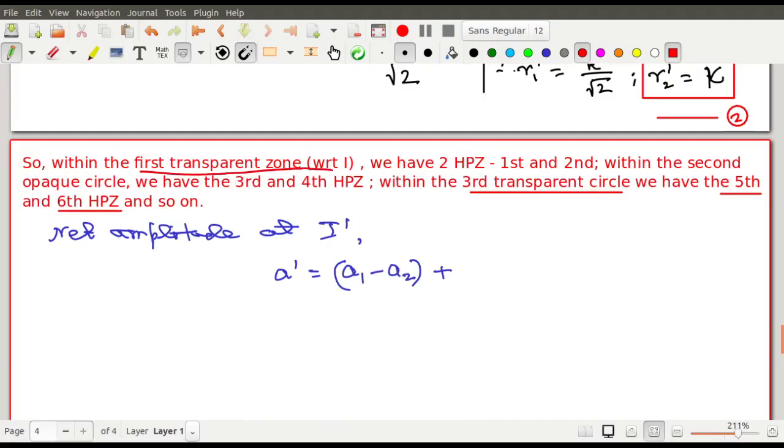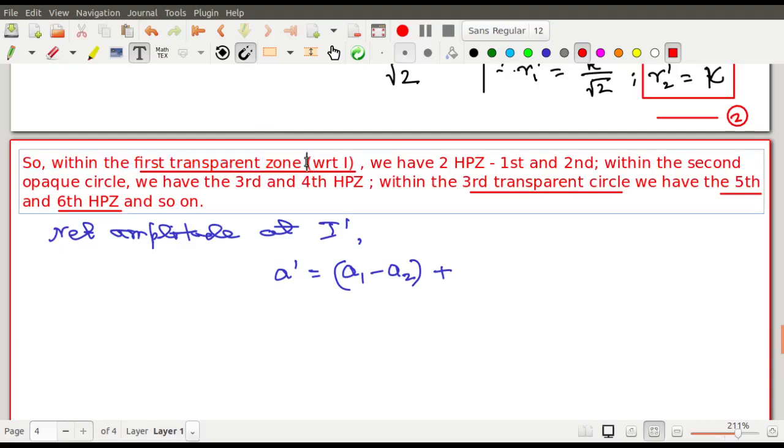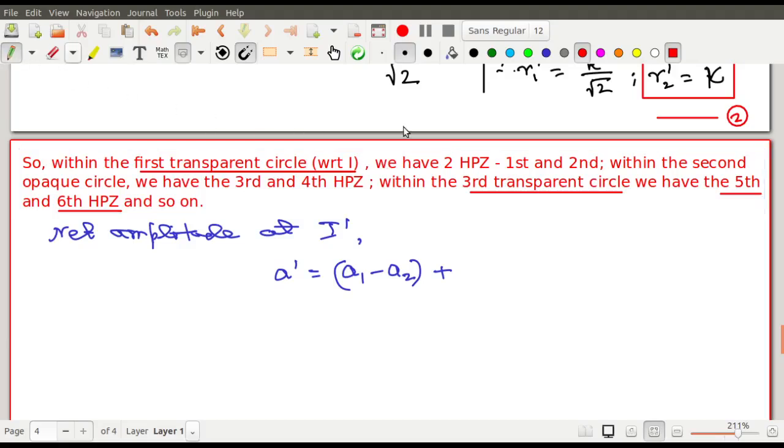I shouldn't write zone over here; within the first transparent circle, we have the first and second half period zones. Then what will this contribution be? First and second is open, so the third and fourth will not come into the picture, because the second zone is already blocked. Then who will come next? 5 and 6 will come into the picture.